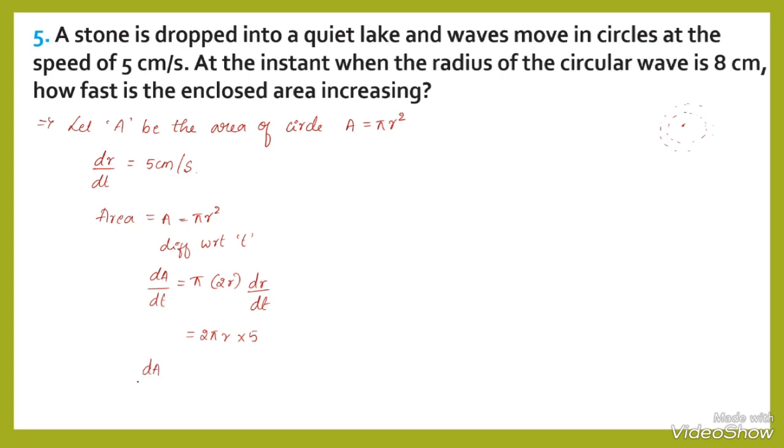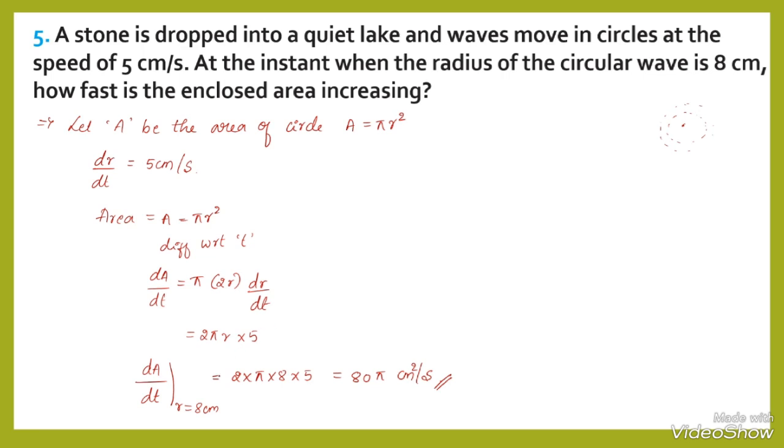We want the rate of change of area when the radius of the wave is r equals 8 centimeter. So 2 into pi into 8 into 5. So I can calculate, 8 times 5 is 40, 40 times 2 is 80 pi centimeter square per second. This is the result of the rate of change of area.